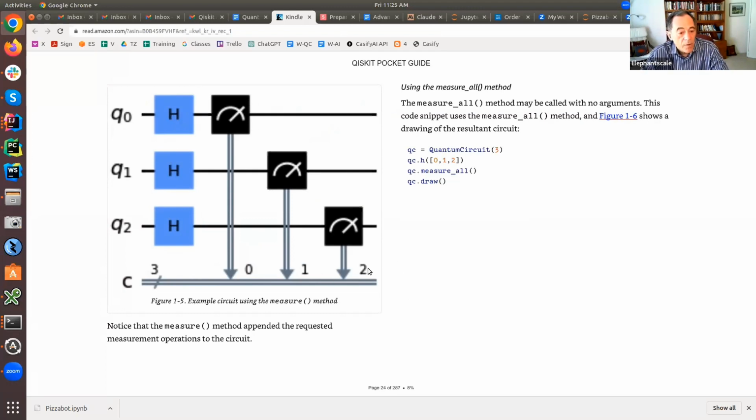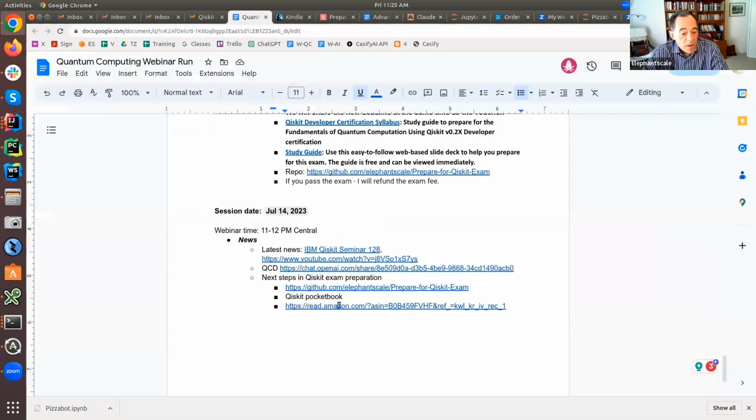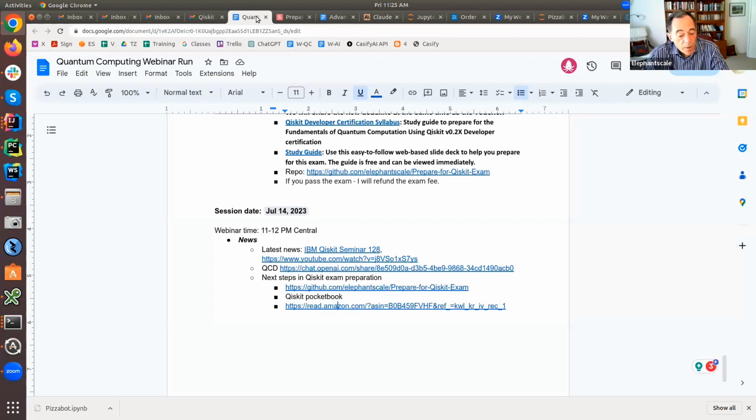Okay, so I showed you the plan. The plan is to use all these links. One link leads to the repository. The other link leads to the information in this repository. Let's close the book, because not everybody will buy a book. It costs, I think, $10 or about that on Kindle.